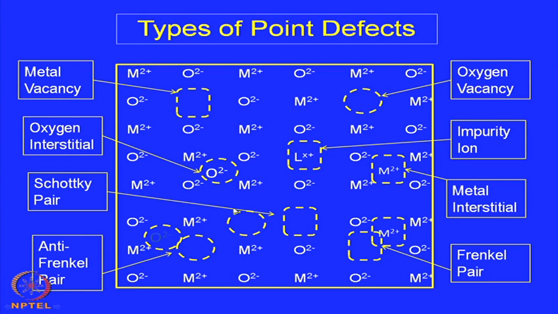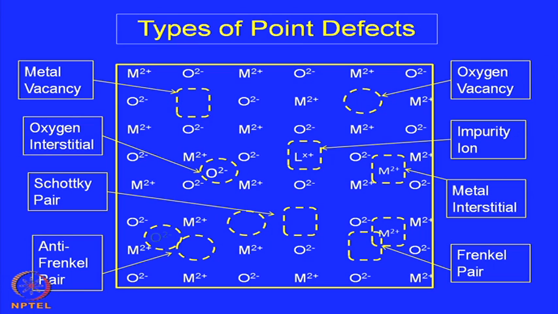In addition, you can have 3 different kinds of pairs of defects. These are all single defects, either in the oxygen sublattice or in the metal: either the metal interstitial or metal vacancy, oxygen interstitial or oxygen vacancy.